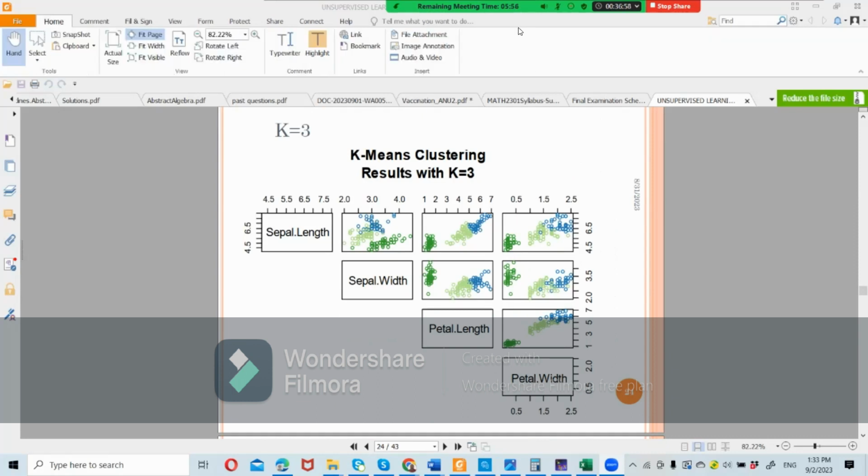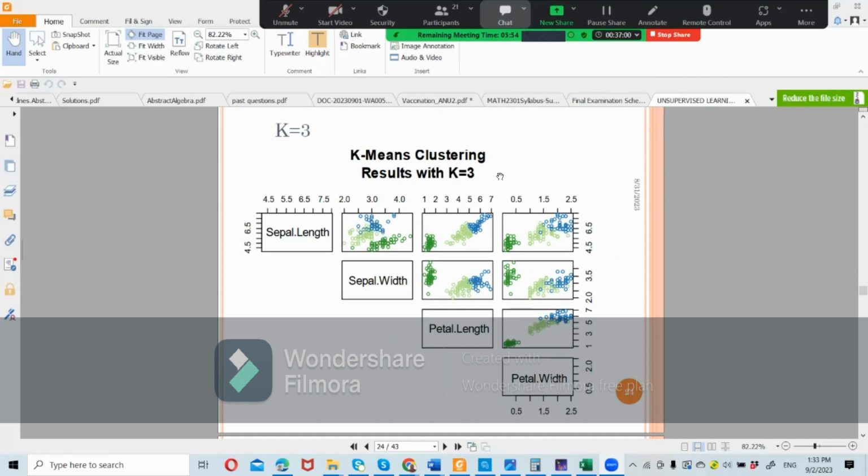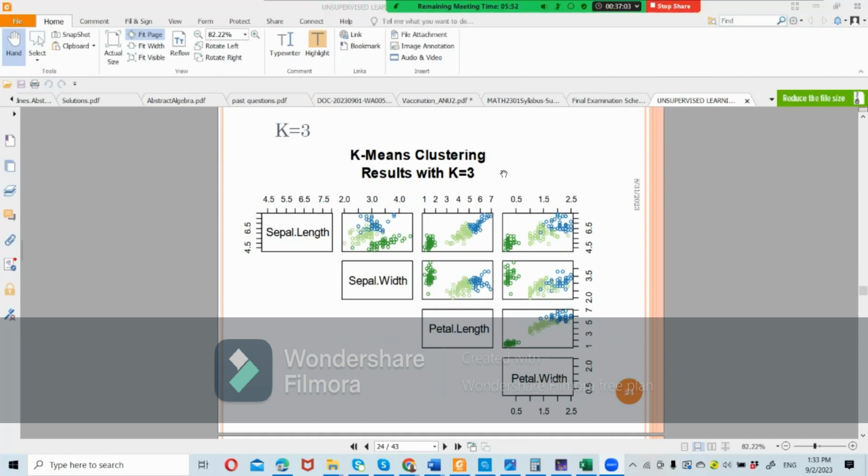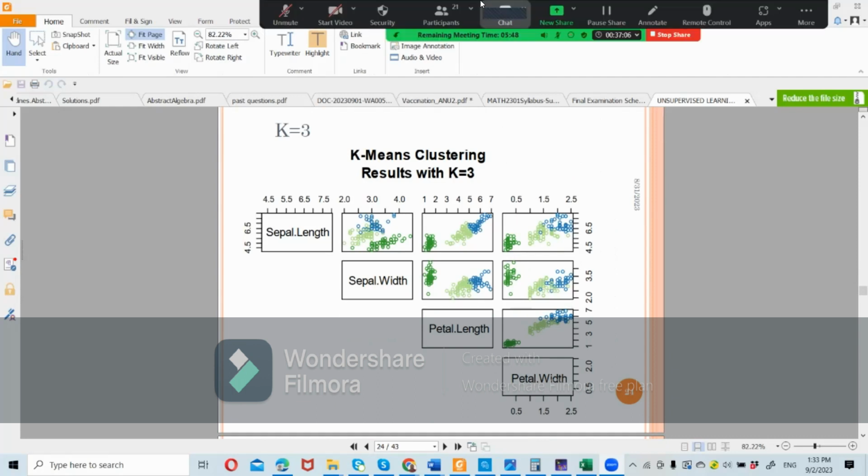Okay, k equals 3. We can see that this data set has been clustered into 3: the sepal length, the sepal width, the petal length, and petal width. You can see what they look like when they are clustered into 3. Okay. So next slide.